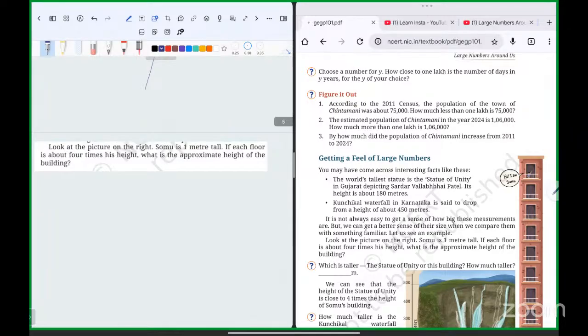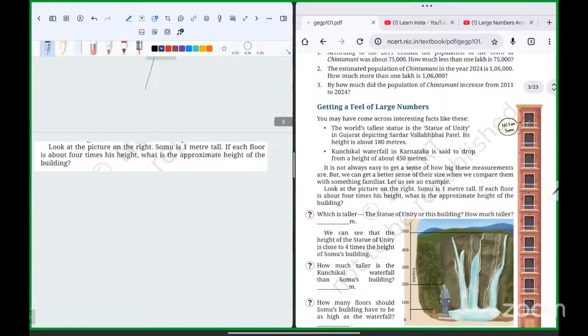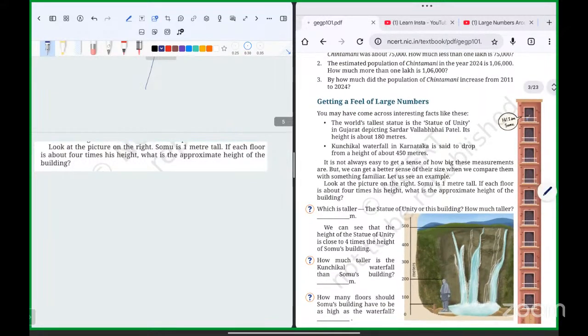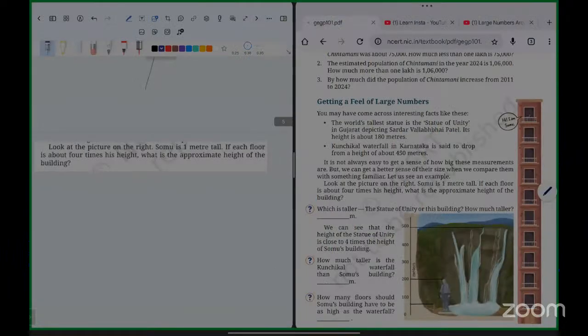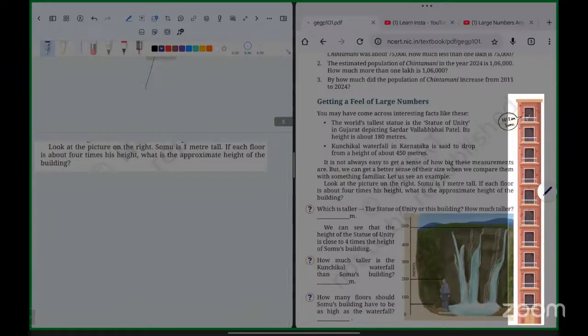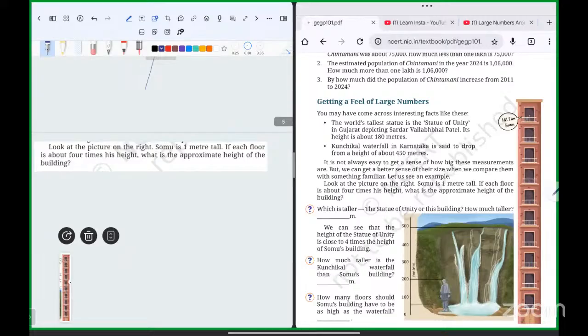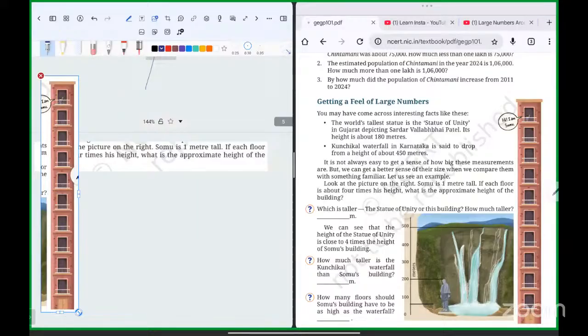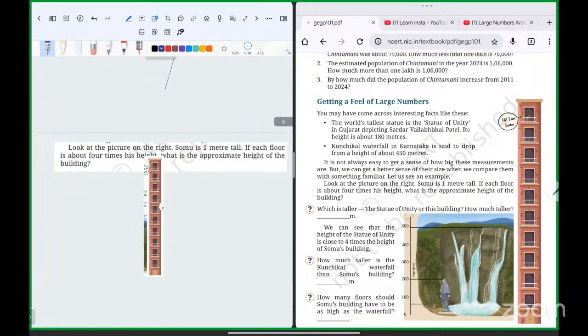So firstly, let's take the building which is given in the question. So this is the building given in the question.